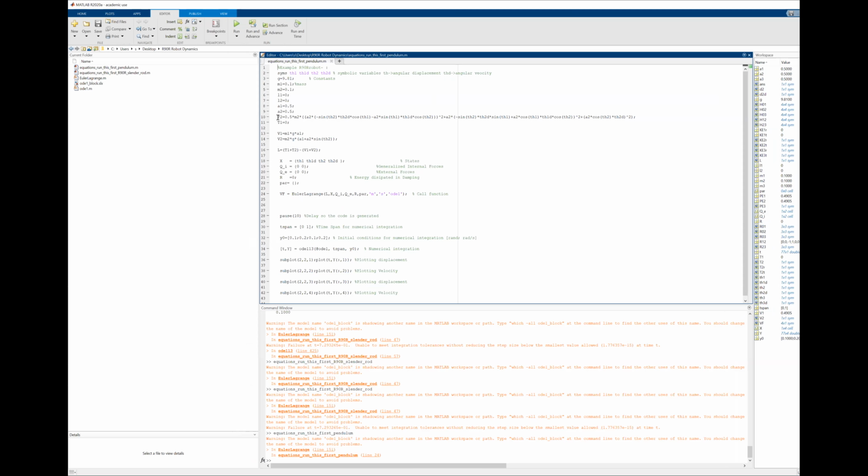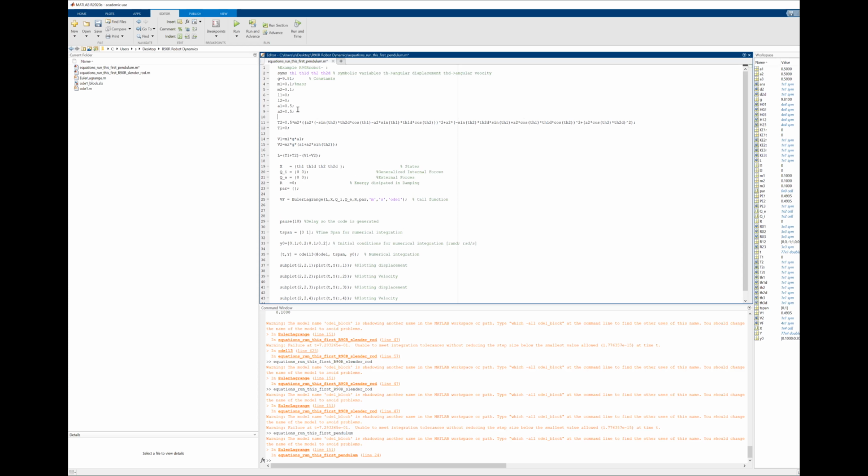So please understand, there is kinetic energy of the first mass, there is kinetic energy of the second mass, there is potential energy of the first mass, and the potential energy of the second mass. So what I'm going to do is, here first we already found out the mass moment of inertias, so I'm going to type those in.